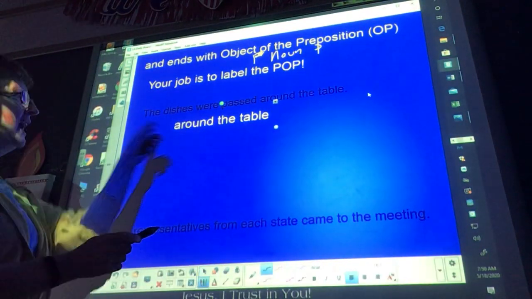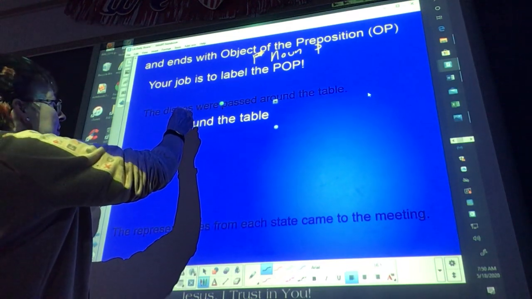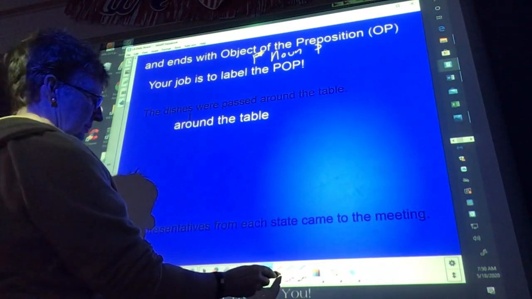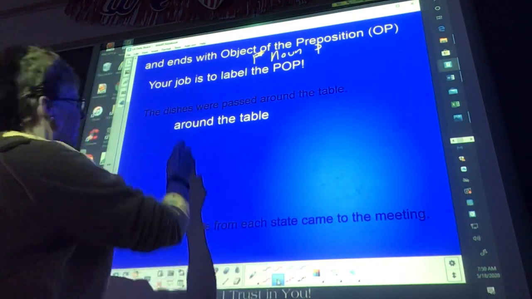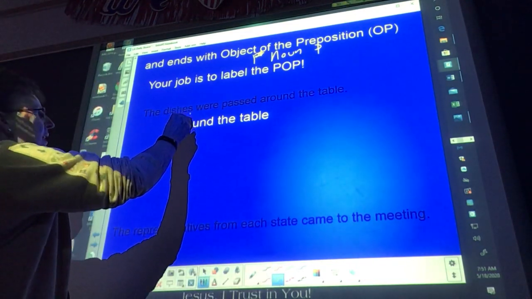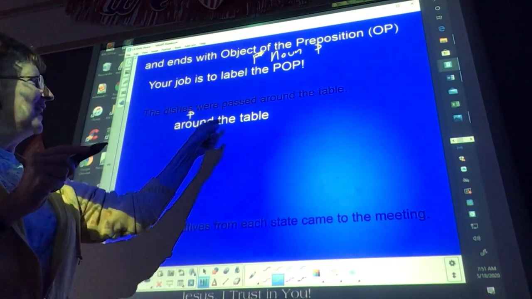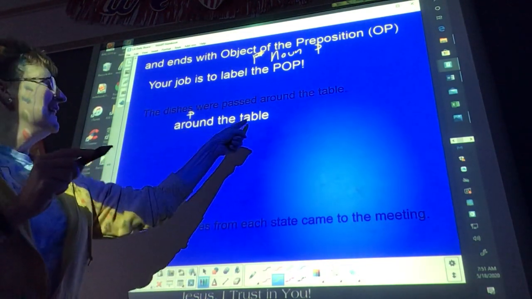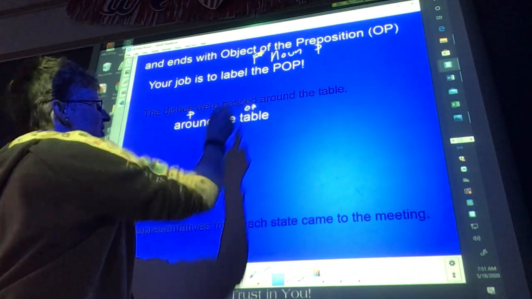Now, around is the preposition. What is the noun that follows around? It's table. So table is the object of the preposition.